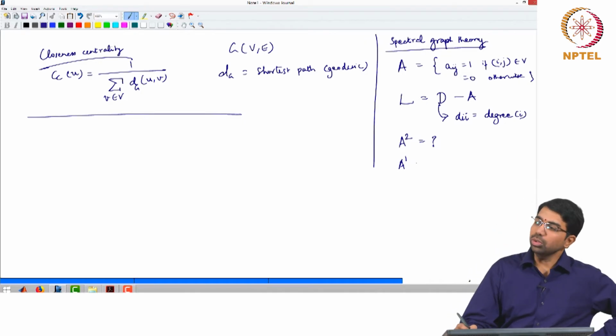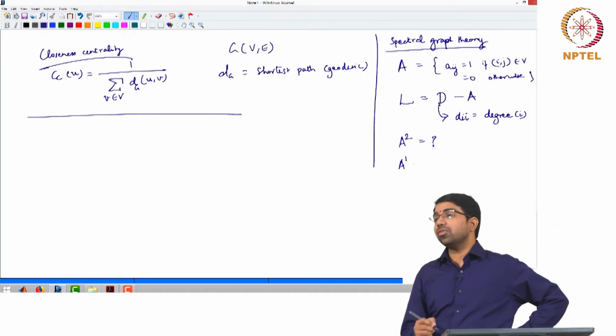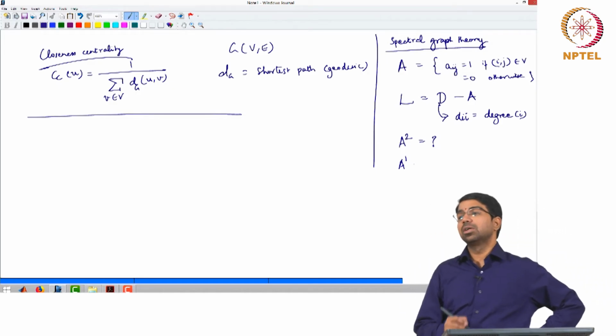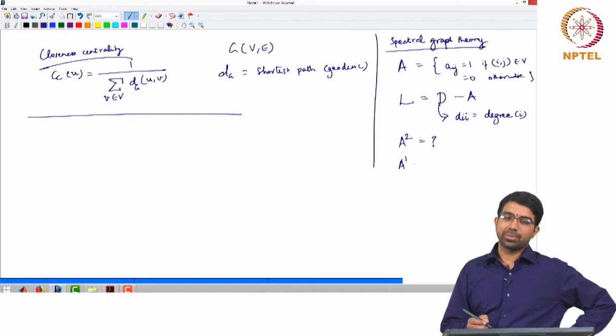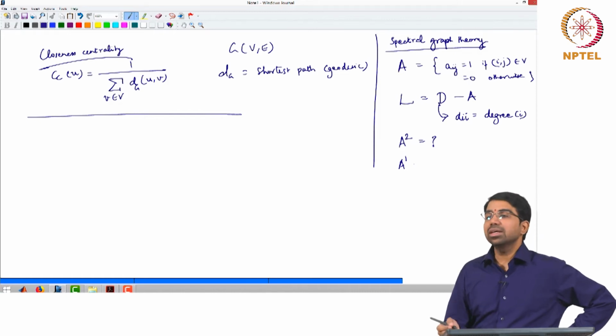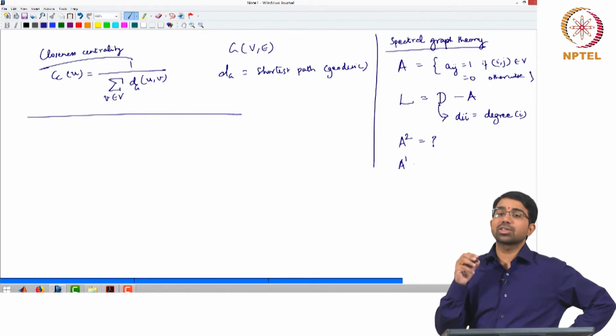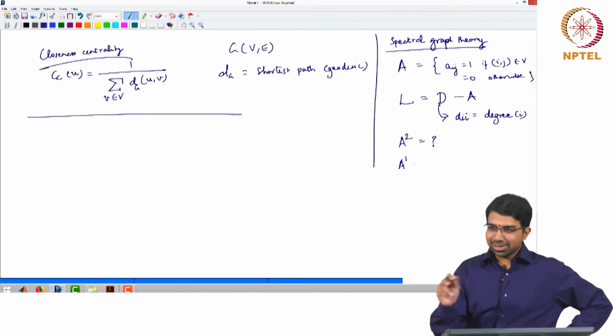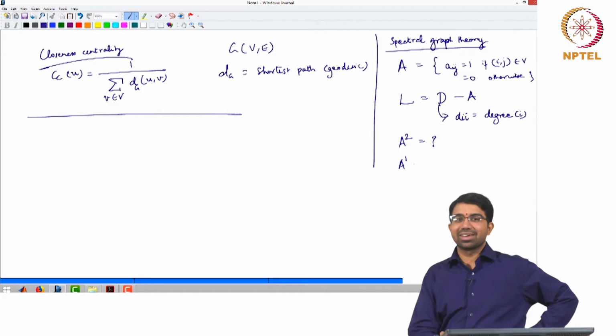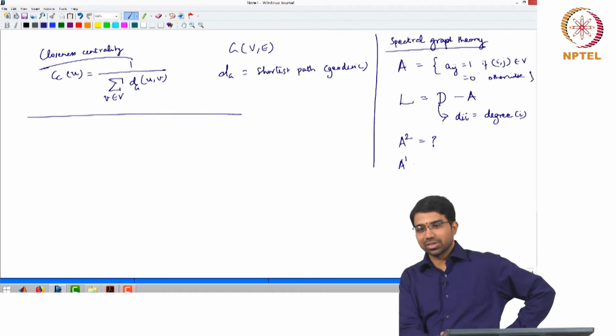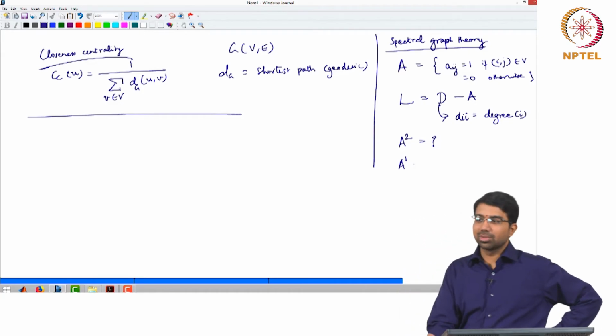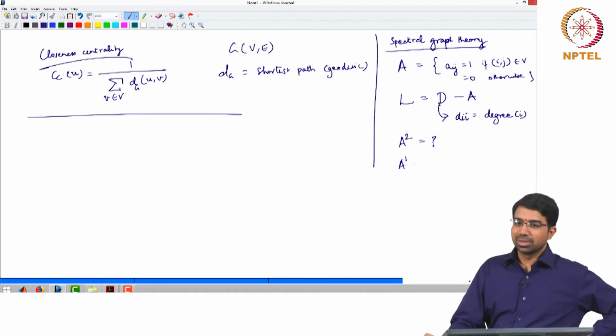A to the 2 will tell you if there is a path of length 2 between i and j, and A to the 3 will tell you if there is a path of length 3 between i and j. You will have to just do the matrix multiplication and convince yourself of this. This is actually a pretty cool trick to use for paths.